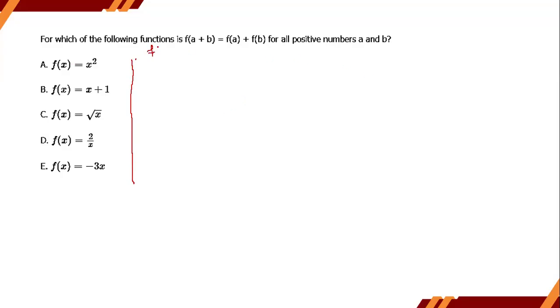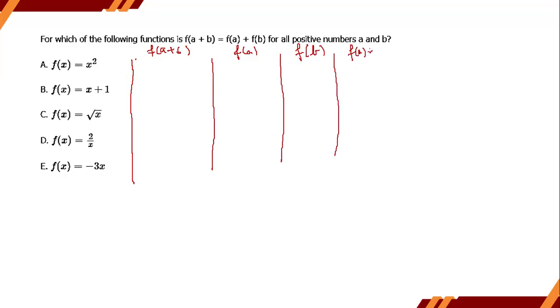So we need to find out first f of a plus b, and then f of a, and then f of b, all right? And we will add these two, that is f of a plus f of b, and figure out if f of a plus b is equal to f of a plus f of b or not.